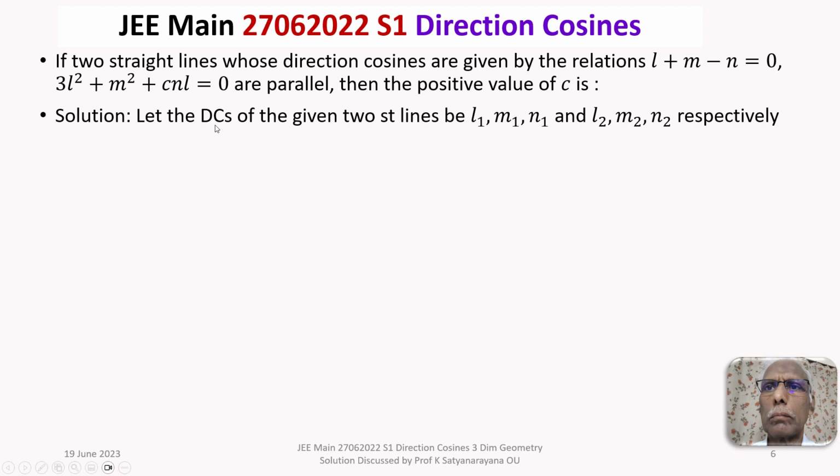Let the direction cosines of the given two straight lines be l1, m1, n1 and l2, m2, n2 respectively.